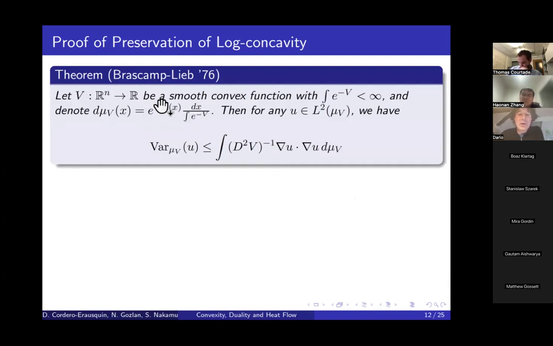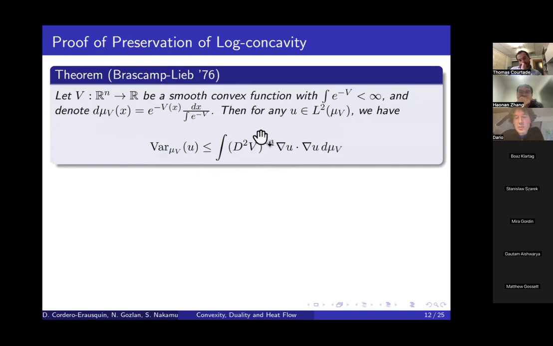It tells you that if you have a log concave probability density, given by exponential minus v, with v a smooth convex function with finite integral, and you call mu v the normalized measure, then for any smooth function u, the variance is bounded above by the following.